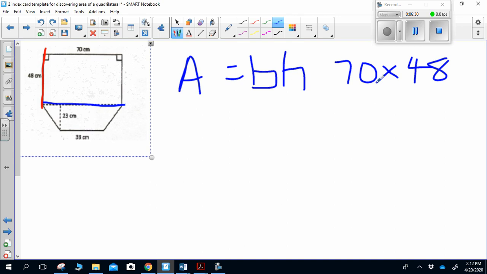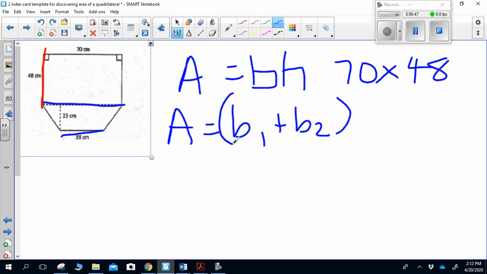It does not matter. And then down at the bottom, I have a trapezoid. So here I've got my other base. Remember that for a trapezoid, area is equal to B1 plus B2, so both of the bases, times the height, all divided by 2.